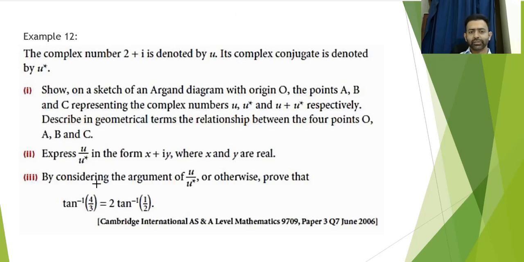Now it says by considering the argument of u by u bar, u conjugate, or otherwise, we have to prove that tan inverse 4 by 3 is equal to twice of tan inverse 1 by 2.